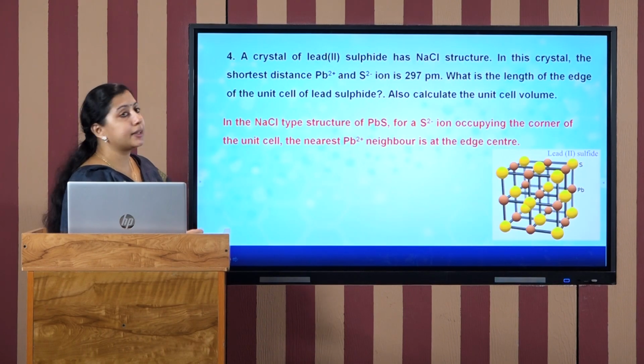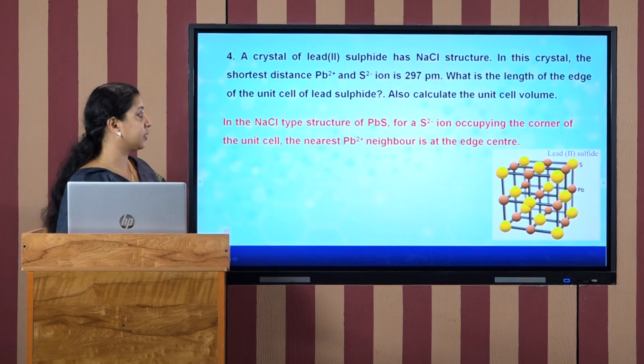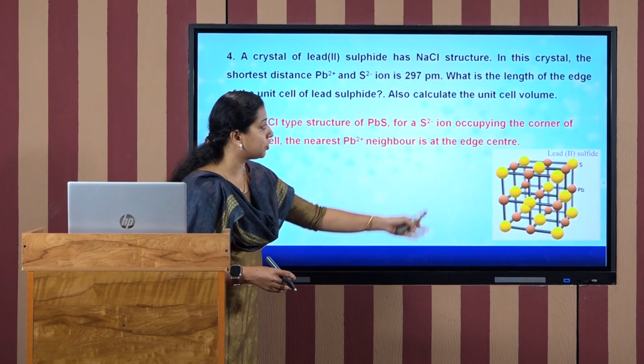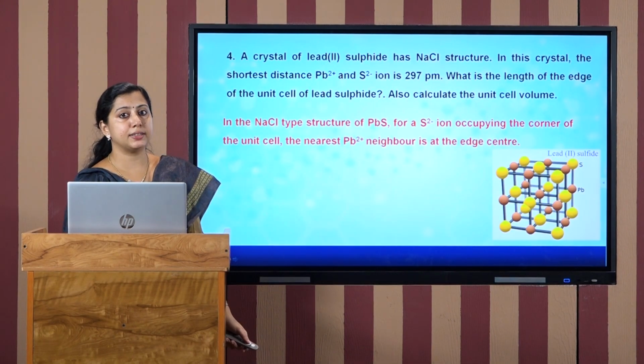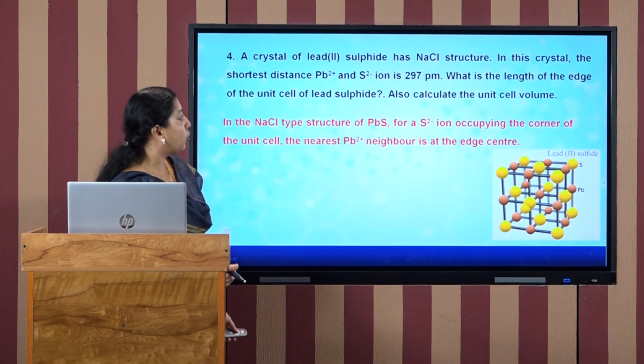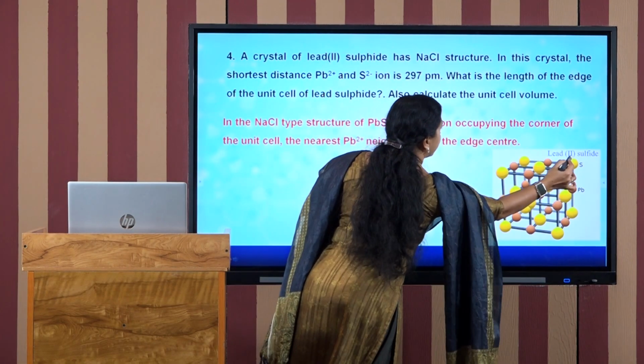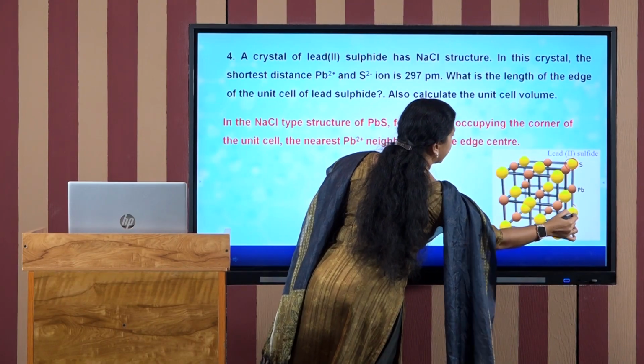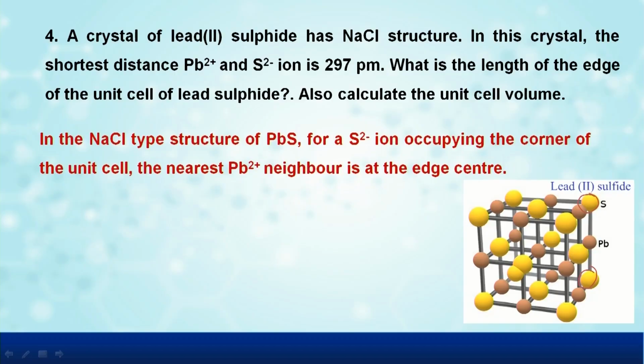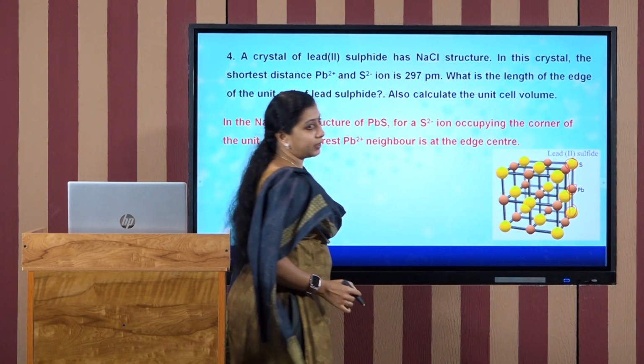So, in NaCl type structure, sodium chloride type structure, the structure is given here, the structure of the lead sulfide is similar to that of NaCl. You can see that for a sulfide ion occupying the corners, the nearest Pb2 plus neighbor, that is the nearest lead ion, is at the edge center. Okay. So, this is the edge, sulfide ions at the corners, the lead is at the edge center.